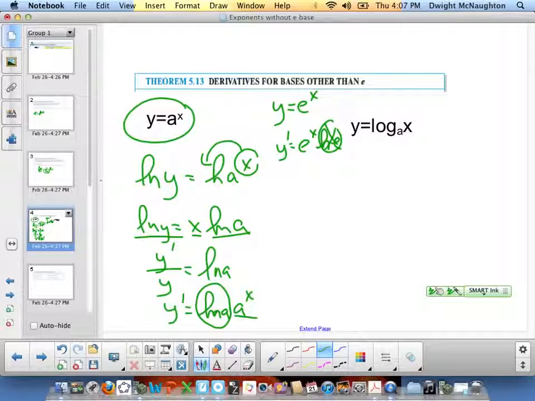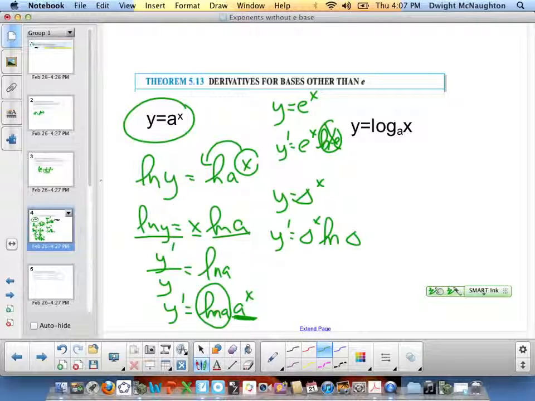So really it's the same rule, but because the base is different than e, you just have to multiply by a constant to convert it. And our constant is the natural log of whatever base you have. So if it was y equals triangle to the x, with triangle a constant, y prime would be triangle to the x, but we would need to adjust by the natural log of triangle to get our derivative.